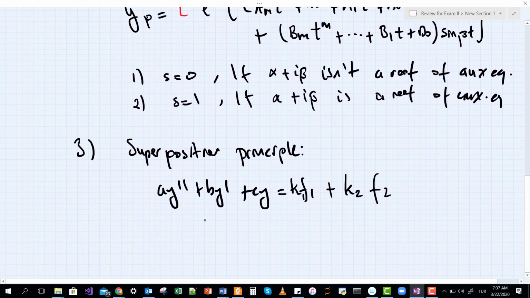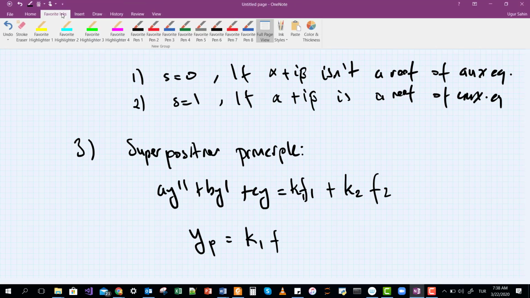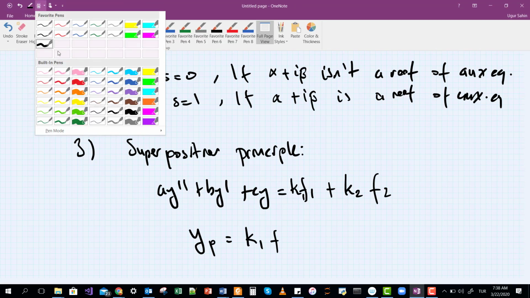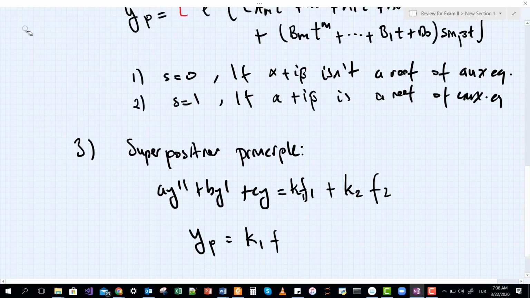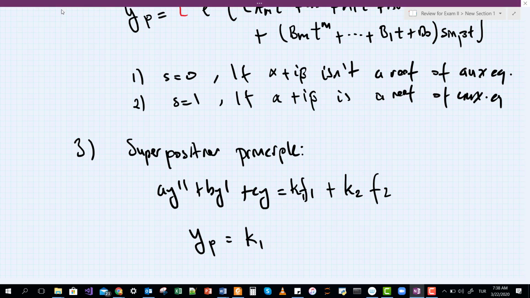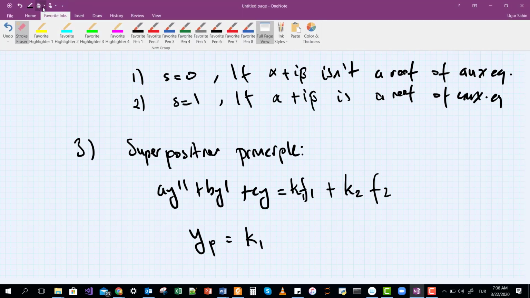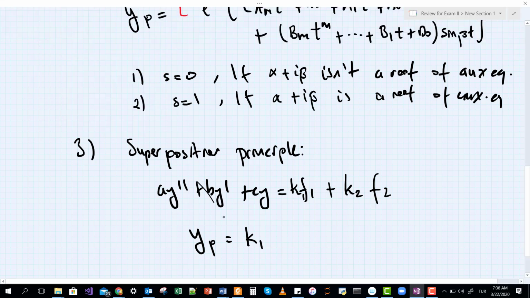Then the superposition principle says you can choose different solutions corresponding to the different functions, solve them separately, and combine them linearly after solving each of them. That's what I'm doing here. Look at that.